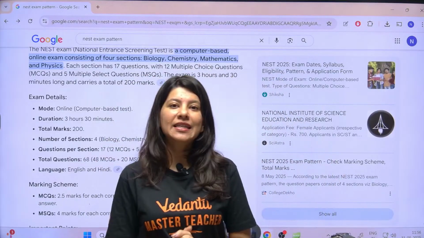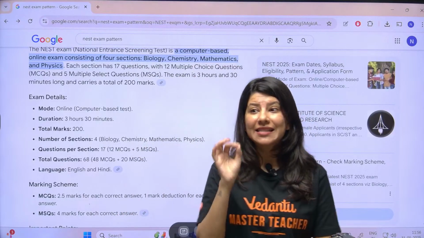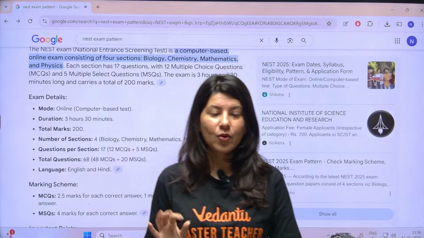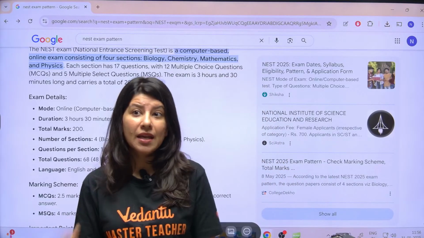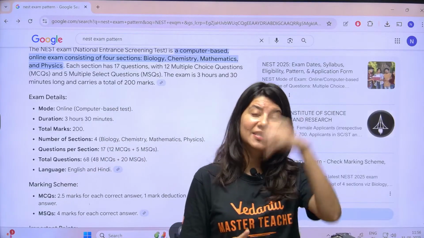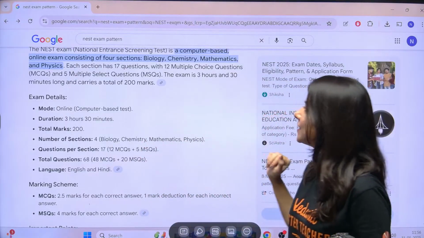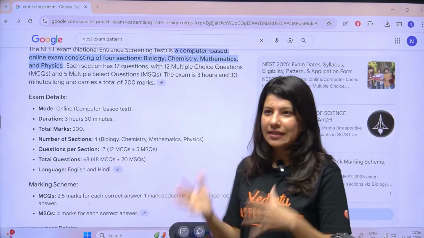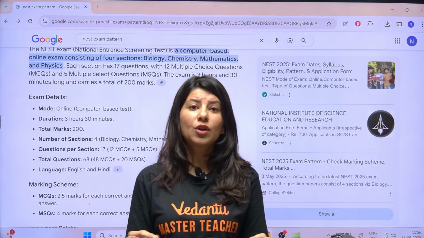Out of 17 questions, 12 will be MCQs, that is, a single correct option, only one option is correct. And 5 will be multi-select questions. That means more than one option can be correct, same as your JEE Advanced pattern. So 12 plus 5 is 17 each. 17 multiplied by 4 will give you a total of 68.